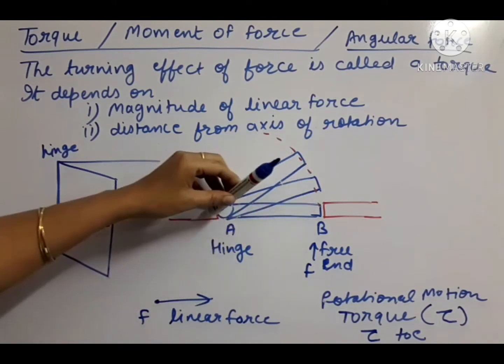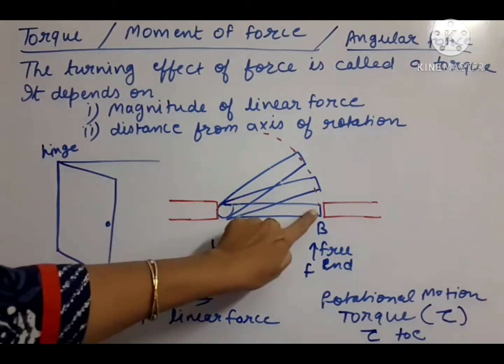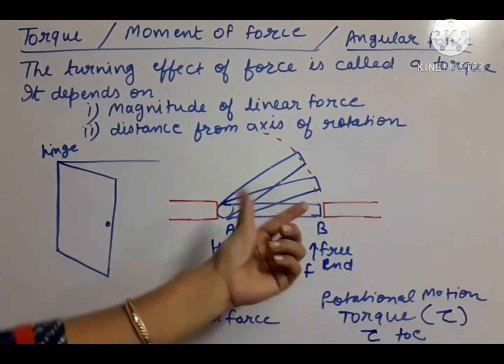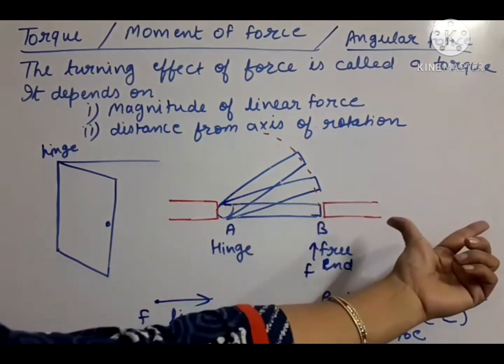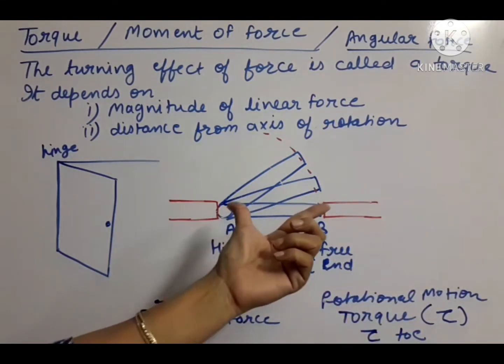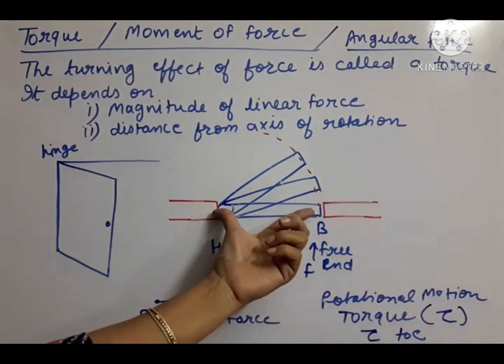Whenever one end of the object is fixed and one end is free, then on applying the force, this object cannot linearly move here and there. This object AB will not get lifted from here and go ahead. This object will not move linearly.